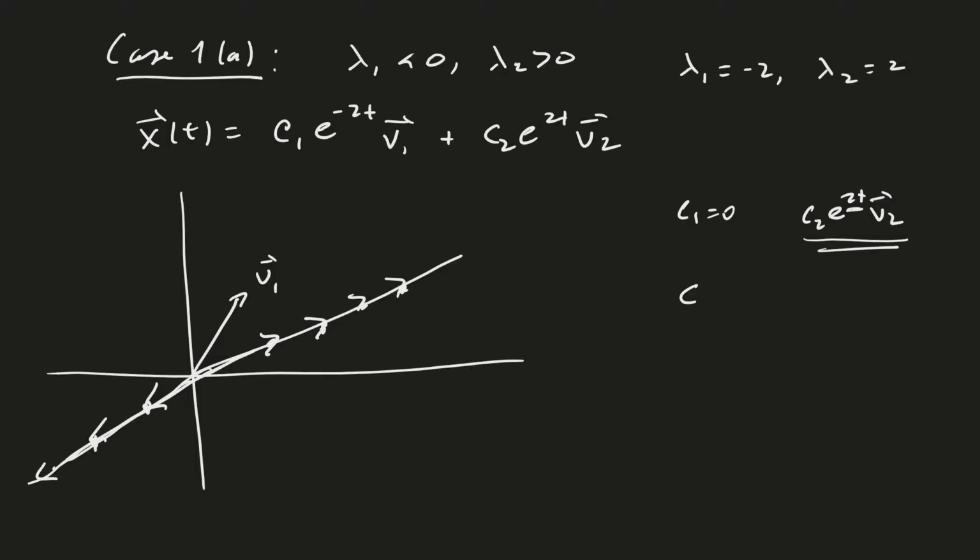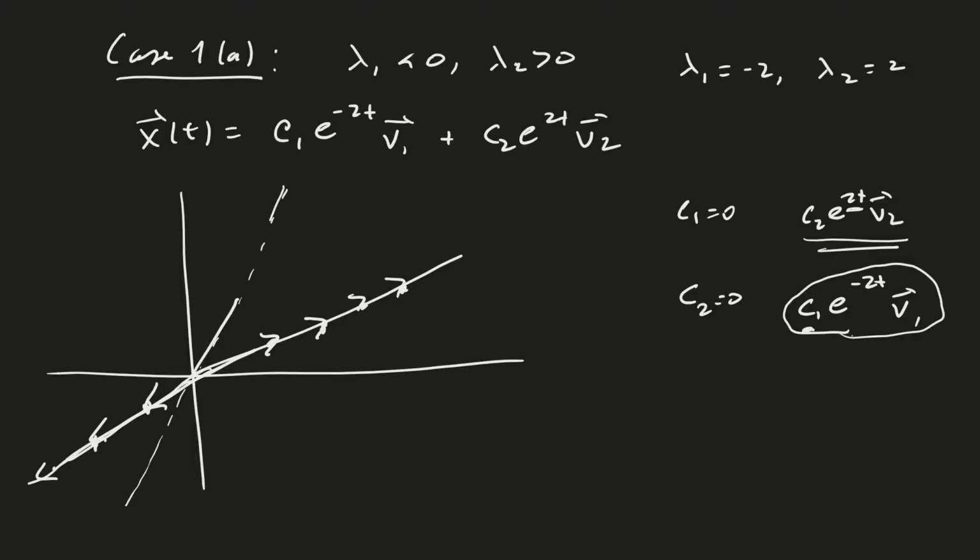Suppose that c2 is equal to 0, and let's take a look at c1 e to the minus 2t times v1 for different values of c1. So v1's over here. I'm going to use that arrowhead. So for different values of c1, right, this is just a constant multiple of v1, and so it's going to start somewhere along the line here, again depending on what the value of c1 is.